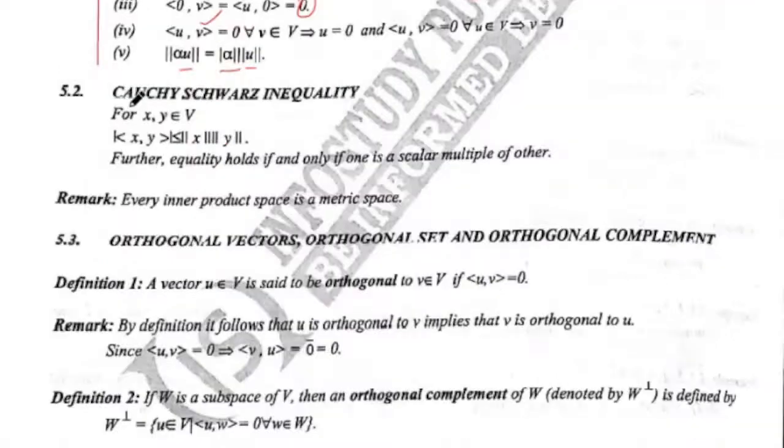Next, the Cauchy-Schwarz inequality. This inequality says that modulus of (x, y) is less than or equal to norm x into norm y.